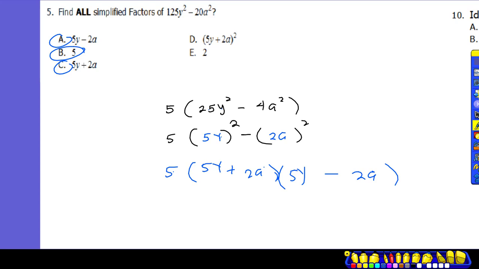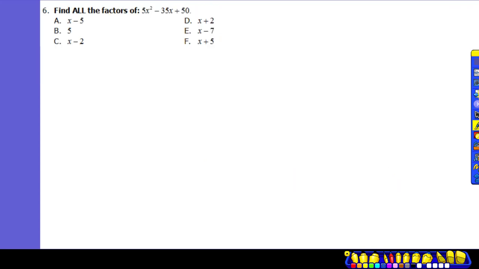Next, I have number 6. Find all the factors of 5x squared minus 35x plus 50. Alright, so do you have any GCF here, guys? 5. Okay, let's bring out your GCF. So what do we have inside? X squared minus what? 7x plus. Alright, now let's get the factors of 10 that will give you a sum of negative 7.